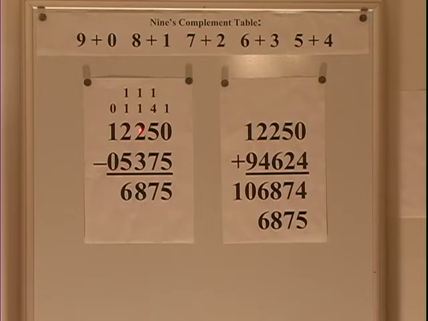That becomes a 1. 2 becomes 1, and this becomes 14. 3 is greater than 1, so I have to borrow 1 from this 2. That becomes a 1, and this becomes an 11. 5 is greater than 1, so I have to borrow 1 from this 1. That becomes a 0, and this becomes an 11.